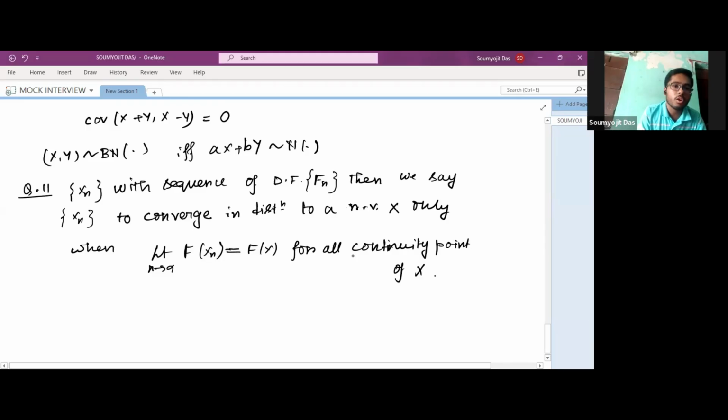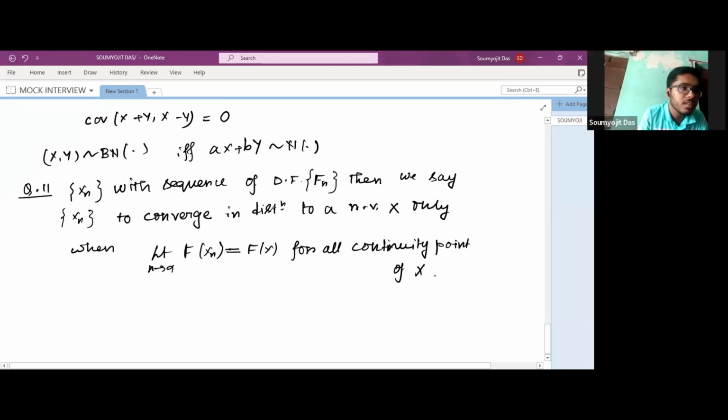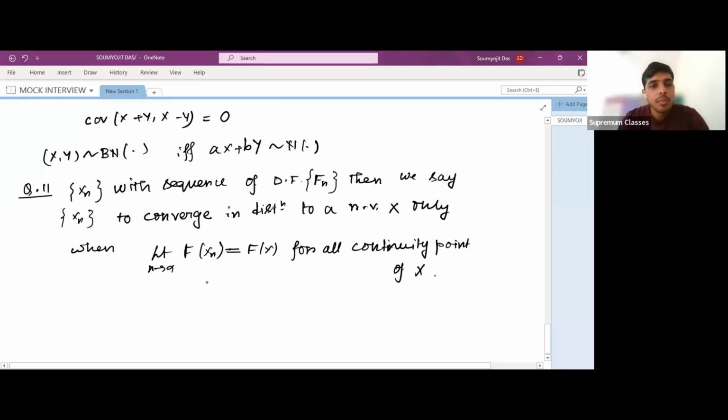So at all continuity points of X, if limit Fn(x) is equal to F(x), then we will say it is convergence in distribution. Limit n tends to infinity, F of Xn equal to FX at all continuity points of FX.